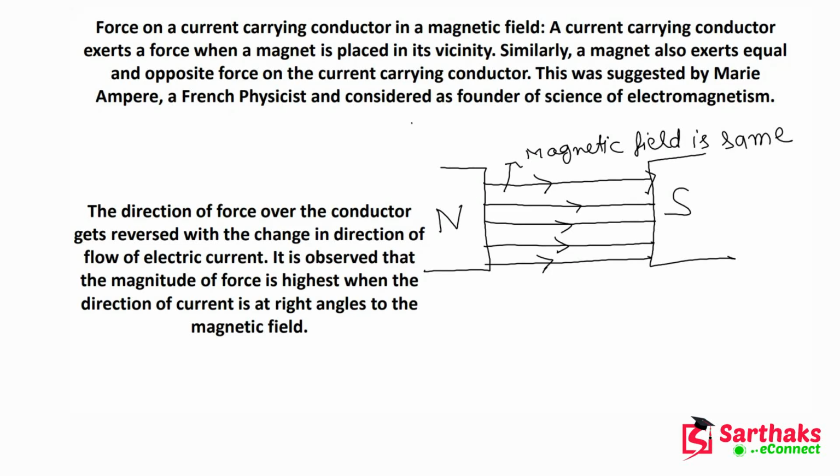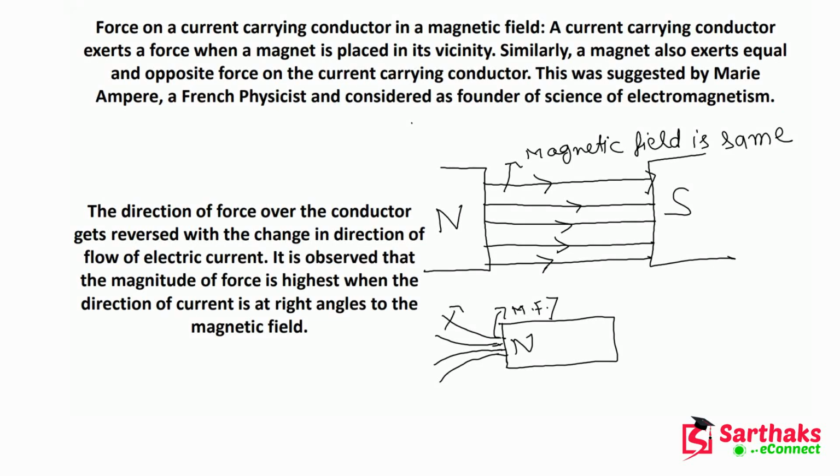Because if magnetic field lines are closer to each other, let's suppose this is a bar magnet, this is its north pole, so near the poles the magnetic field is higher, because the field lines are closer.